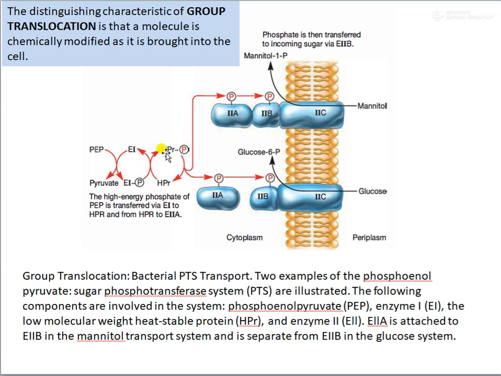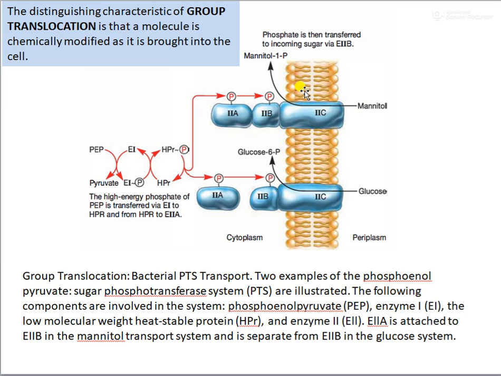The phosphate of phosphoenolpyruvate is transferred to E1, and then to HPr, and then HPr transfers it to IIA, and with the help of that, the mannitol is transferred.